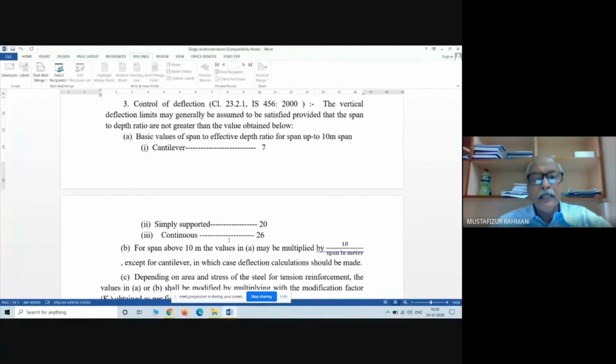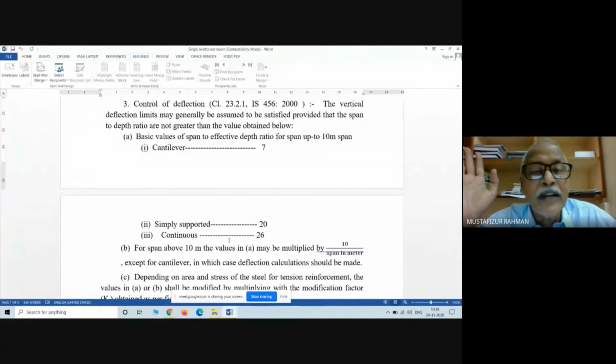The span to effective depth ratio, up to span 10 meter; beyond 10 meter it is something different. It is 7 for cantilever, 20 for simply supported, 26 for continuous. That means span divided by small d should not be greater than 20.